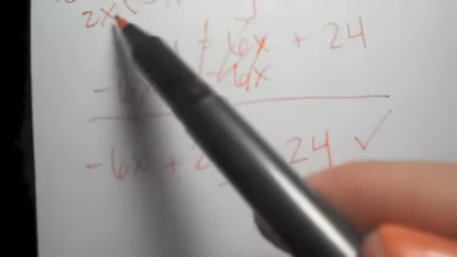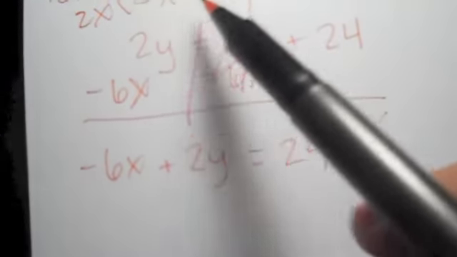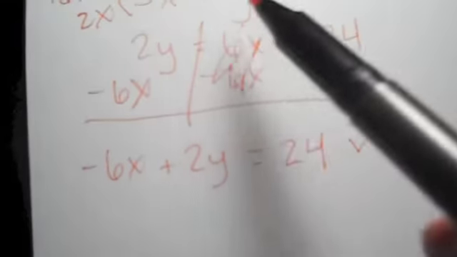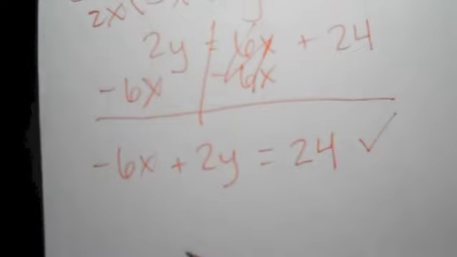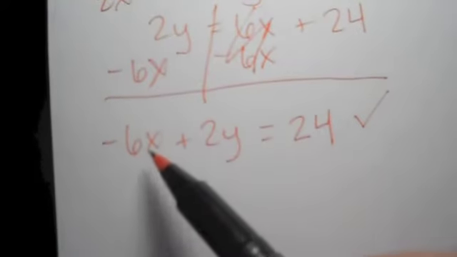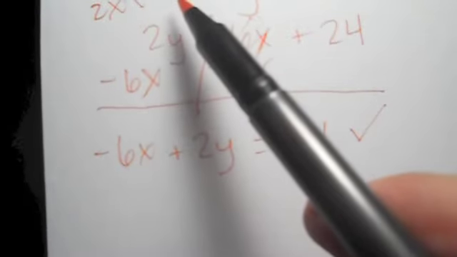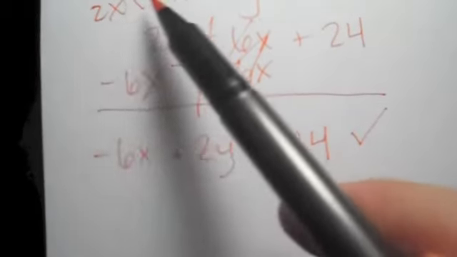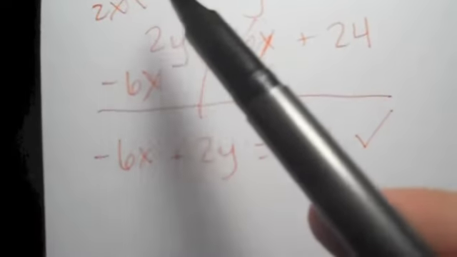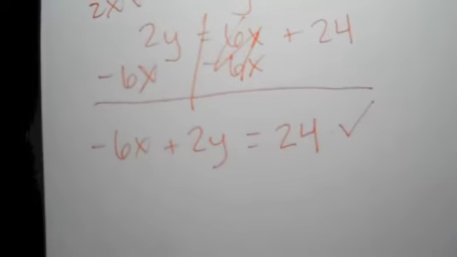So 2 times 3x plus y equals 12. I'm going to multiply everything in here by 2. And why? Because this one has minus 6x, and this one has a positive 3x. If I multiply by 2 to this whole equation, this x term is going to go to 6x. And when I add straight down, the x's will go away.